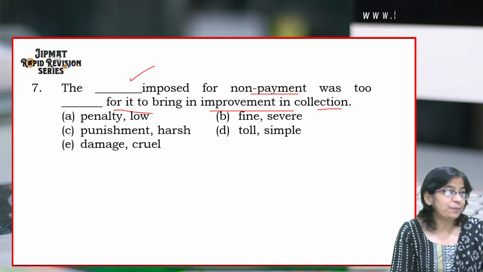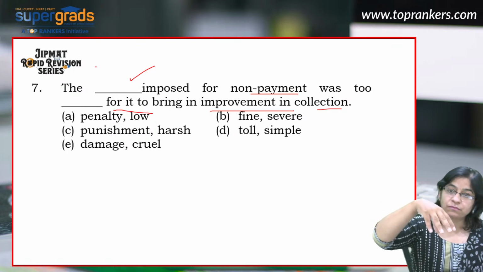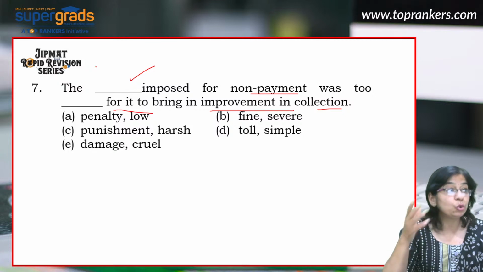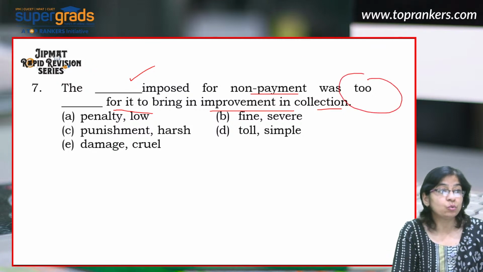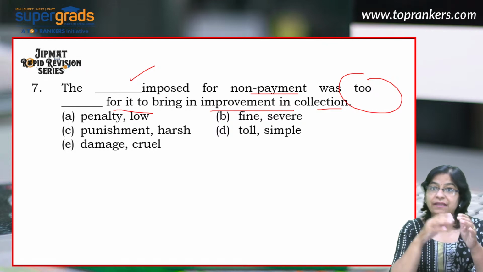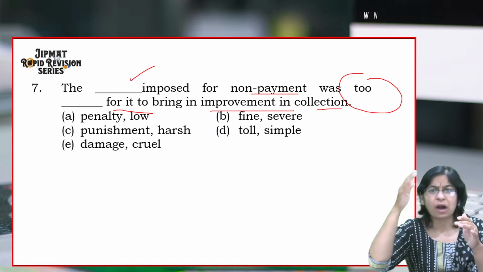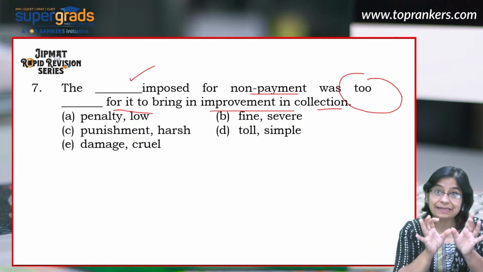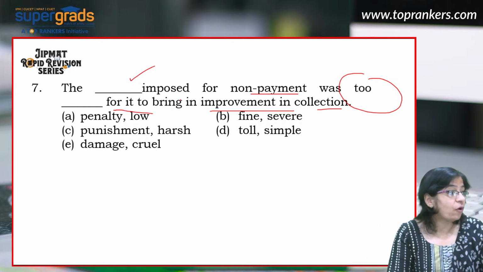The dash imposed, so something was imposed, so we need a noun here. For the non-payment was too. "Too" means too low or too high or too much or too less. So we need an adjective here for it to bring an improvement in collection.